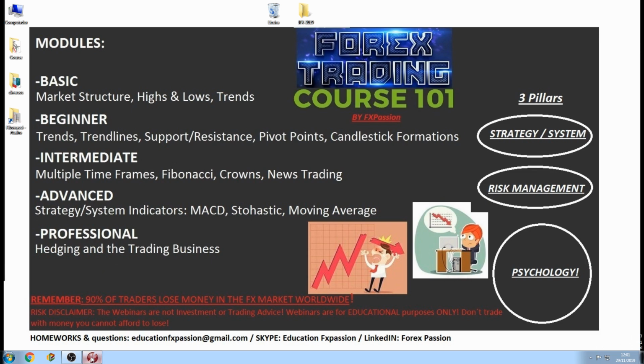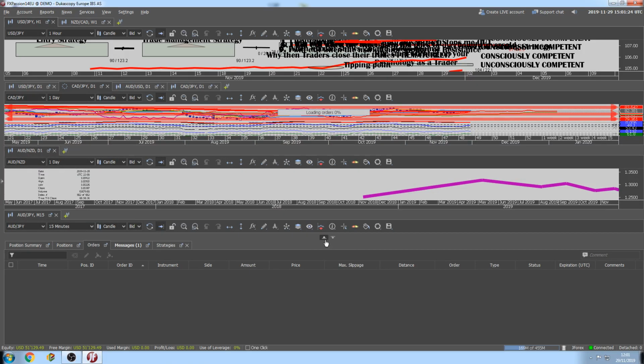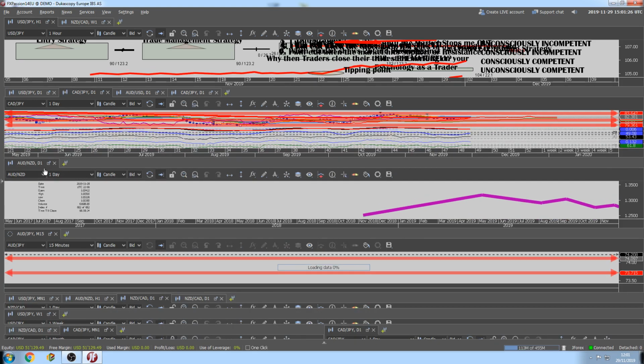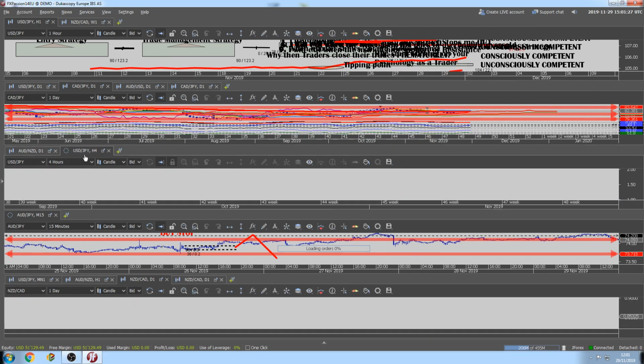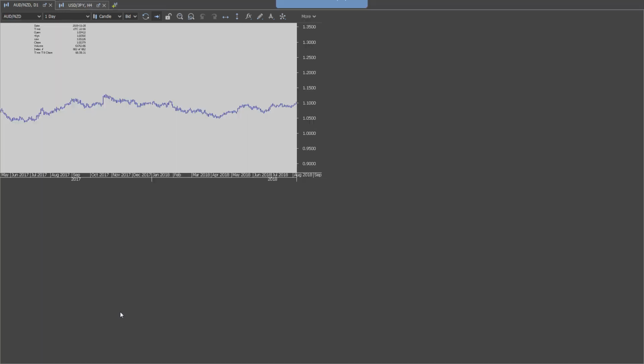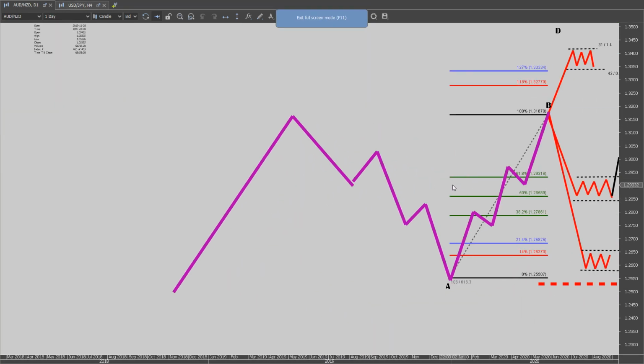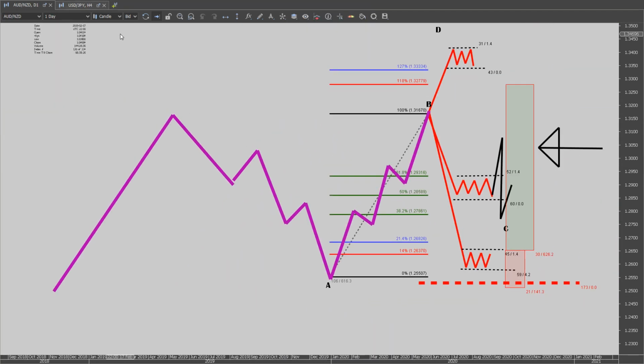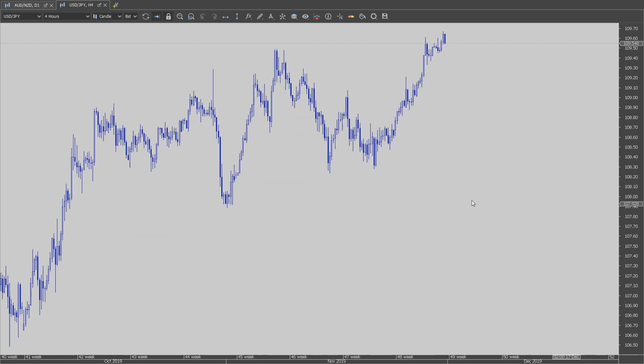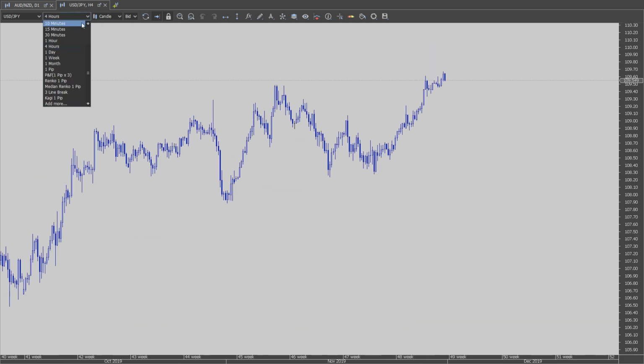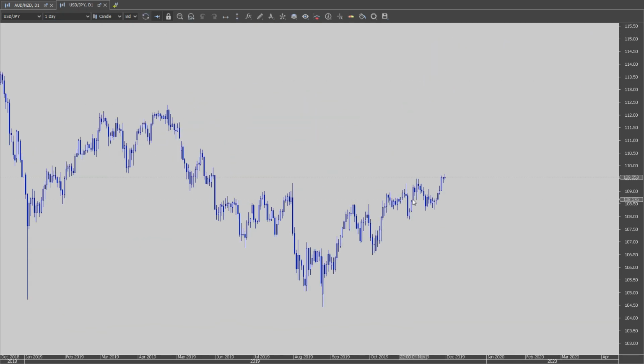So that being said, everybody, let's dive into the live markets and open a new chart. This is from the news trading, and there you go, AUDJPY daily chart.